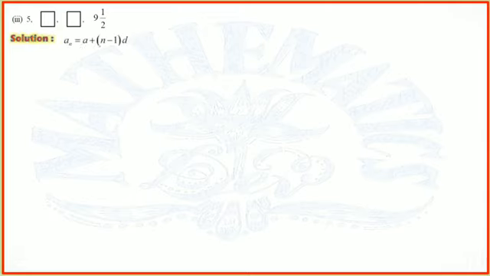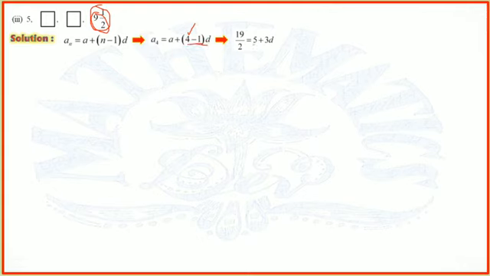The nth term is A plus n minus 1 into D, whereas this fourth term, the last term, is A plus, fourth term means n is equal to 4 minus 1 into D. The fourth term is 9 and 1 by 2, that is 19 by 2, which is equal to 3D plus the first term, which is 5.